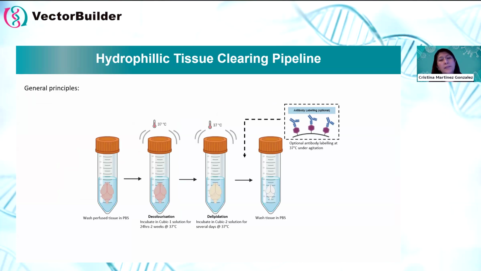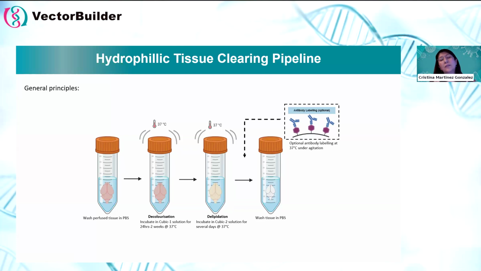They remove the pigments by trying to remove the pigmentation of the skin, the hemoglobin, etc. Once they have removed the color, they then remove the lipids. After this step of the delipidation, they can do antibody labeling again, and finally refractive index matching, which is very similar. All those principles of clearing are similar across methods.